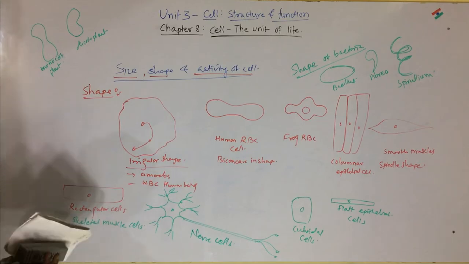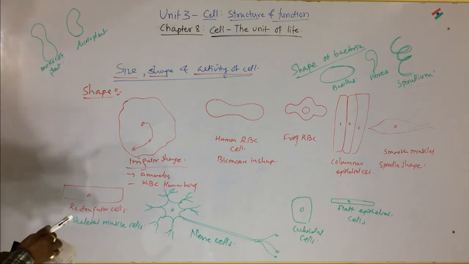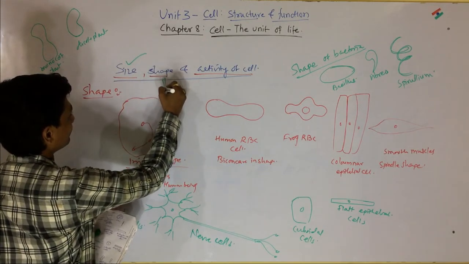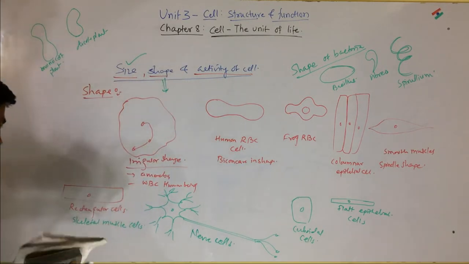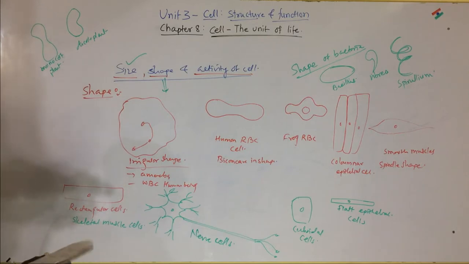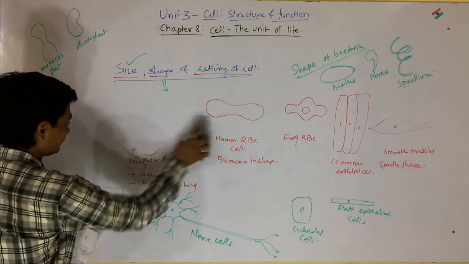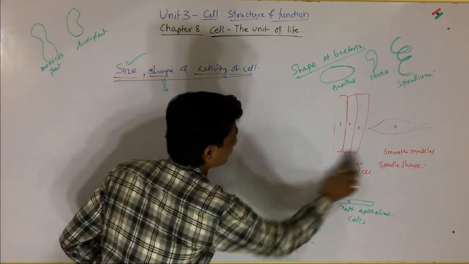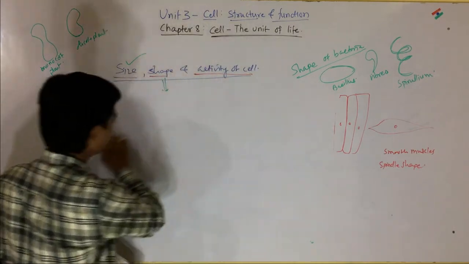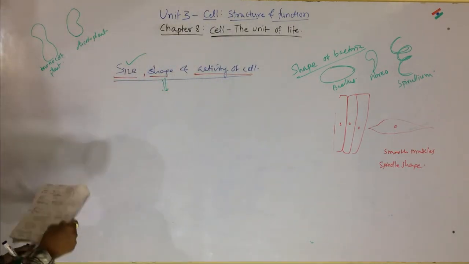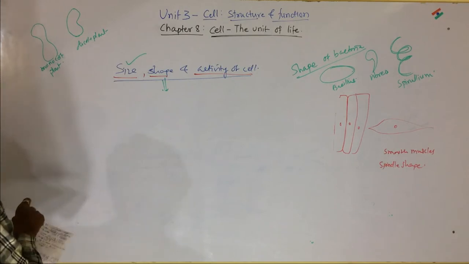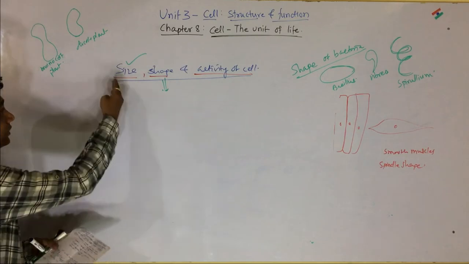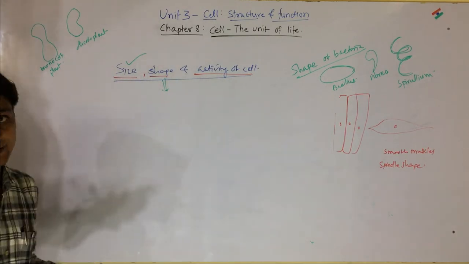This is all about the shapes of cells. After this we are going to see the size of cells. As we know, cells differ according to their size, shape and activity.